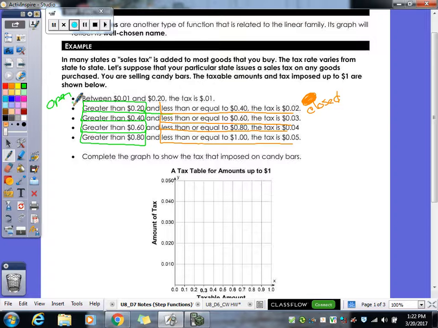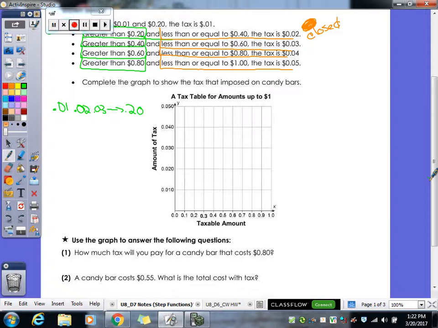The first one says between, if you're spending between a penny and 20 cents. So a penny is this, and then this would be 2 pennies, 3 cents, all the way up to and including 20 cents. Okay? Now, let's go ahead and graph that one. Here it says we're starting at 0 pennies.